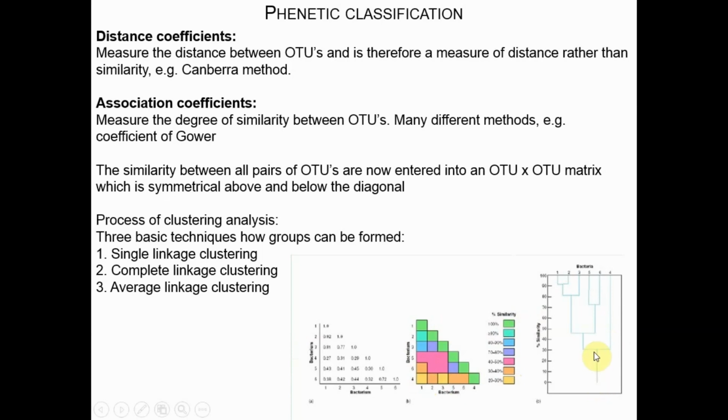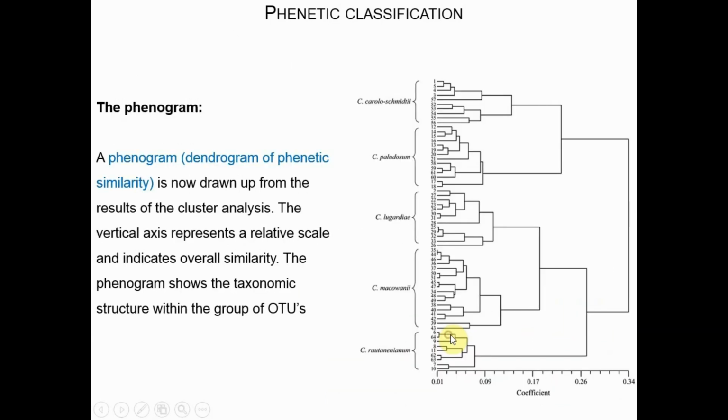And then it draws these phenon lines based on the percentages that were calculated, and the clusters are drawn up from the similarities that were calculated. And then we get what we call the phenogram, which is a tree drawn up from this clustering analysis.